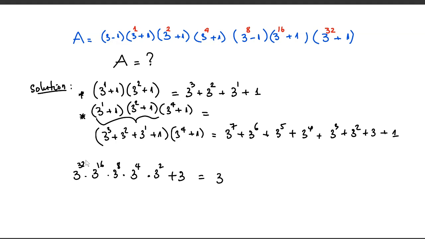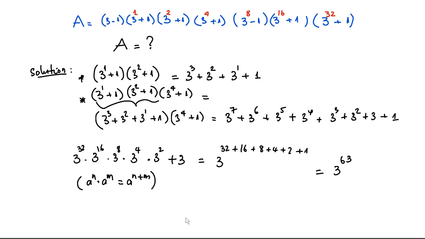This is equal to 3 to the power 32 + 16 + 8 + 4 + 2 + 1, because a^n times a^m is a^(n+m). So right here we would have 3^63. Add it up: 32, 48, 56, 60, 62, 63. So 3^63.